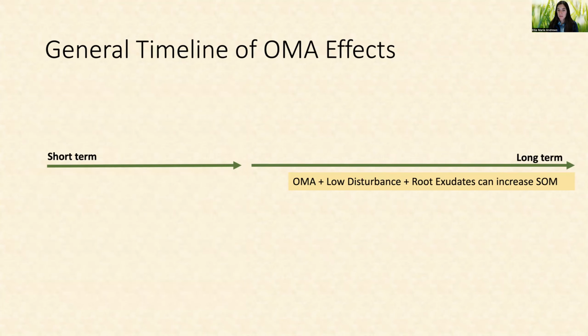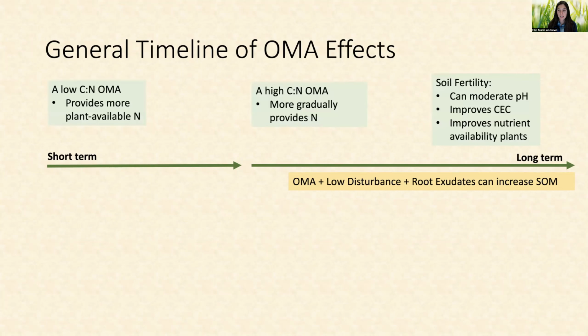But in the long term, if you layer or stack or integrate soil health practices like organic matter amendments, lower disturbance of the soil, root exudates from cover crops, these practices combined really increase soil organic matter. They all can do that individually too, but you're going to see more increases in soil organic matter if you combine lots of soil health practices, but that's a long-term thing.